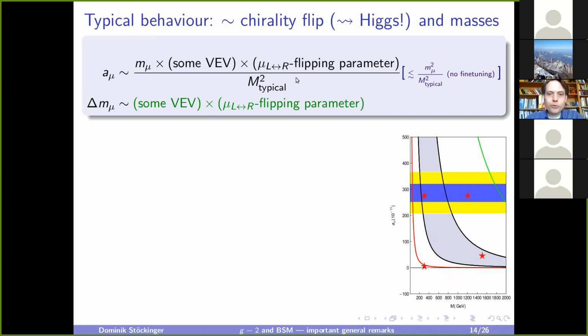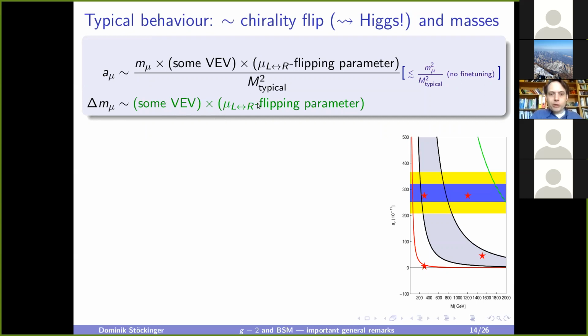So here at the top, you see again the same formula. And below it, you see the formula for the muon mass. Now, just as a side remark, you can also play this game. Let us assume that the correction to the muon mass coming from new physics is actually of order 1. In other words, you explain the entire muon mass by loop effects from new physics.